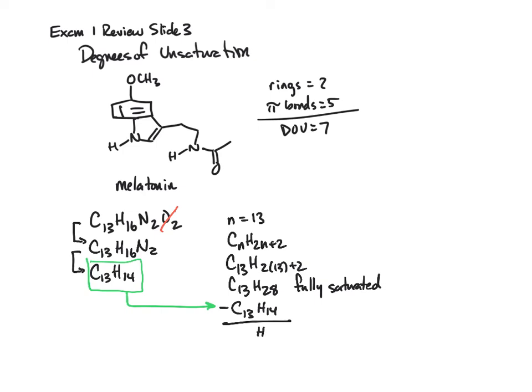You're left with H14. And if we recall from up here, a degree of unsaturation is equivalent to a molecule of H2. So we're going to divide that by H2, and 14 divided by 2 is 7. That's just another way to find it.